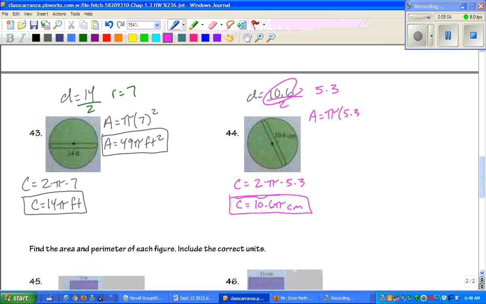And area, pi times your radius squared. 5.3 times 5.3. 3 times 3, 9. 3 times 5 is 15. Carry the 1. 3 times 5, 15. 5 times 5, 25. Plus 1 is 26. Add all that up.